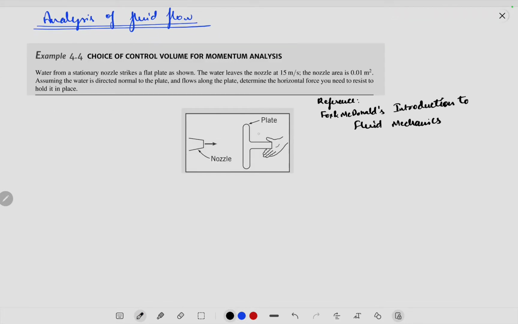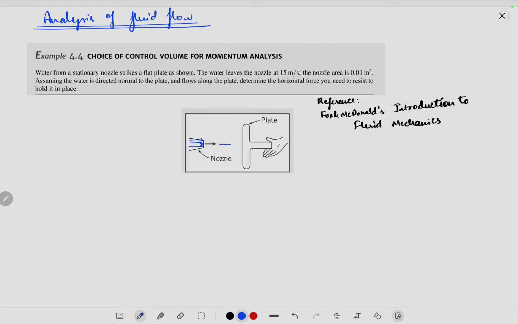Okay, so let's say you are given this problem. This problem I have taken from Fox and McDonald's Introduction to Fluid Mechanics. The problem states that water from a stationary nozzle strikes a flat plate as shown. So there is a nozzle of this shape, and there is water flowing inside this pipe and coming out from this stationary nozzle like this.